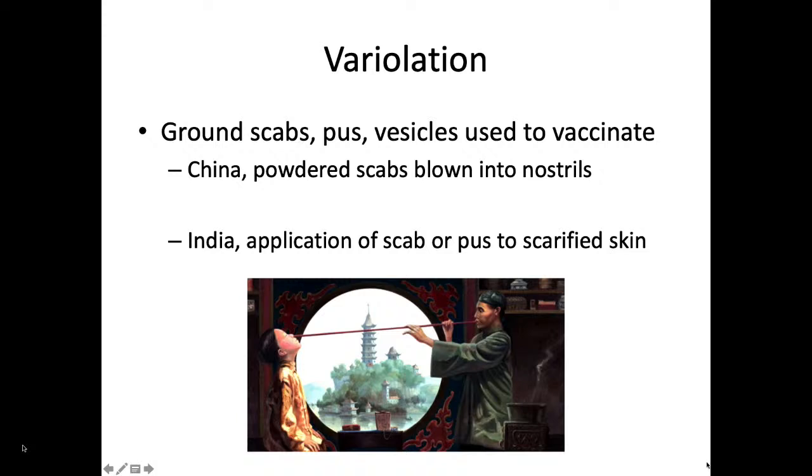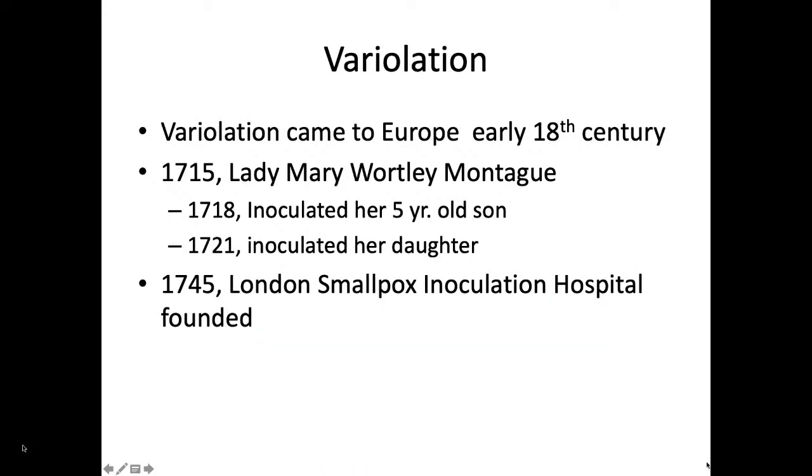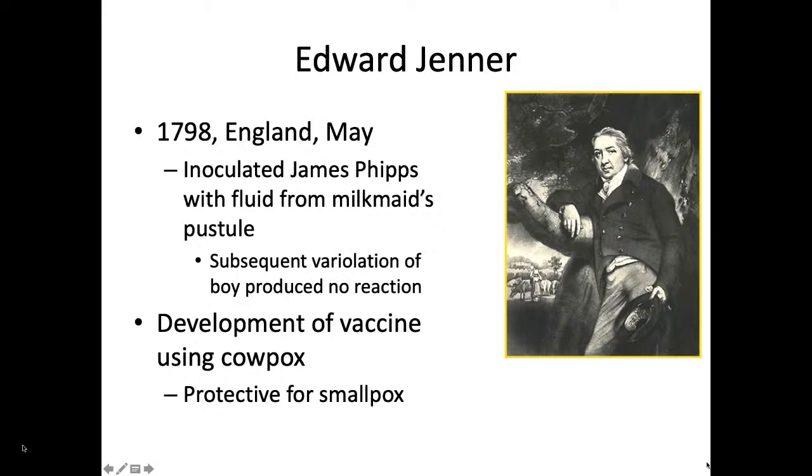Mortality rate was 1% with variolation, but it's still better than 30% or 60% with the smallpox virus. And variolation, I'm not going into the detail as we're short on time, was first introduced from Asia into Europe, and then Edward Jenner developed the first smallpox vaccine.